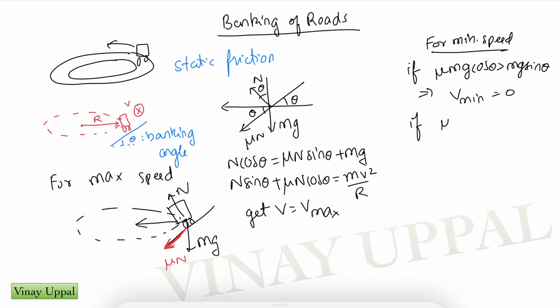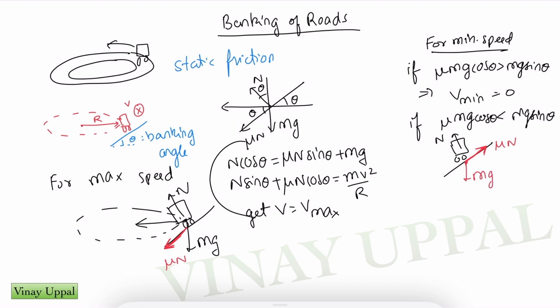On the other hand, if mu mg cos theta is lesser than mg sin theta, in that case, when the car is performing circular motion, for the minimum possible speed, that means minimum possible acceleration, we would like the horizontal component of friction to oppose the horizontal component of the normal force. So friction will be acting upwards. And just write the same equations like we did here.